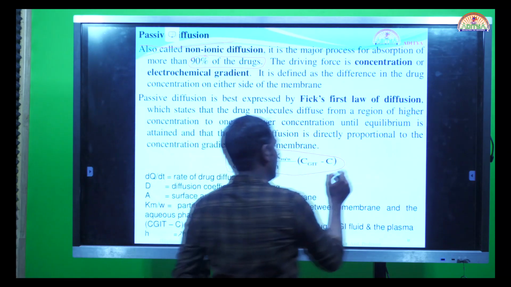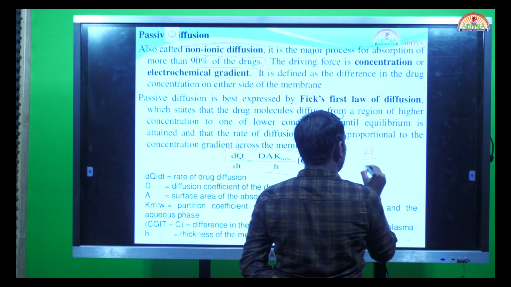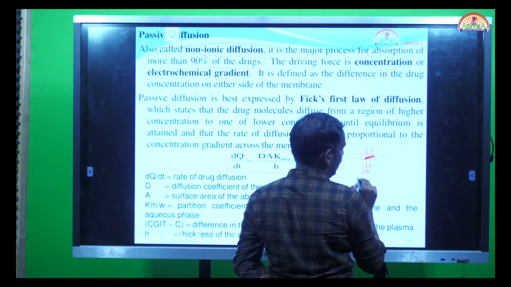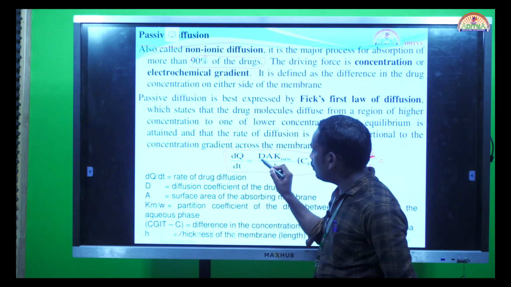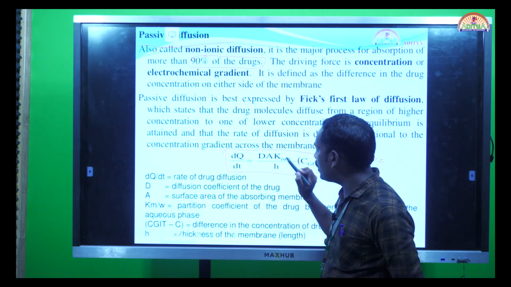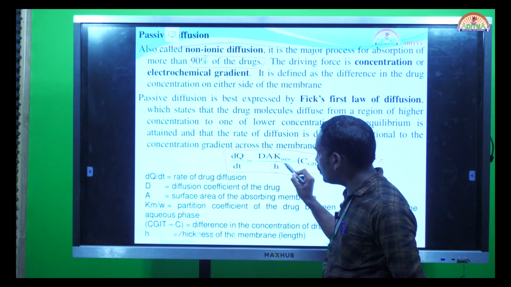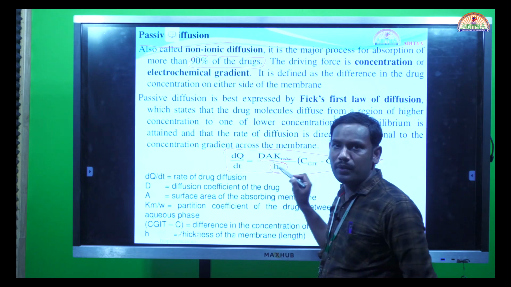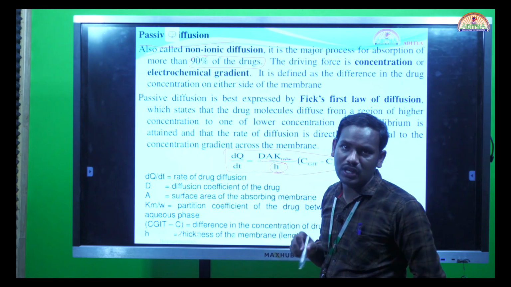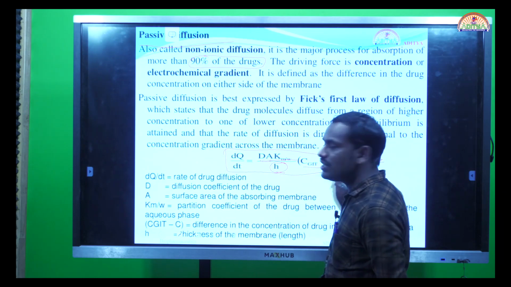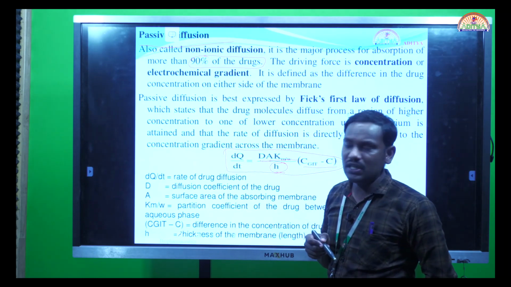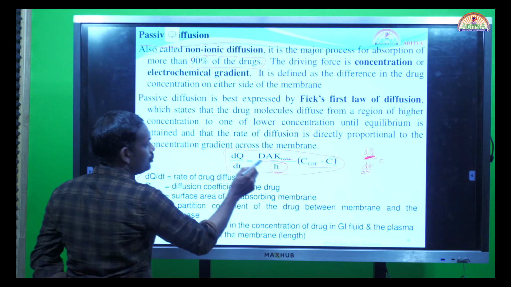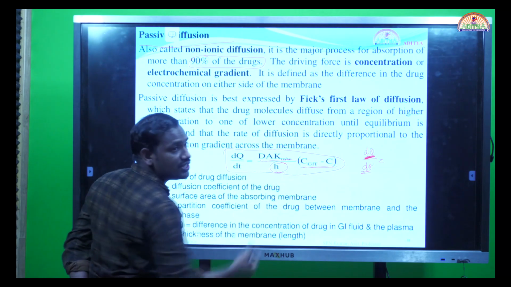The amount of drug passing across the membrane, dq, per given interval of time, is directly proportional to the diffusion coefficient, area, and partition coefficient, and inversely proportional to the thickness of the membrane. Whenever we have an equation, something in the numerator is directly proportional, something in the denominator is inversely proportional. It is also directly proportional to the concentration difference between the GIT and the systemic circulation. All the terms in this equation are explained here: diffusion, area, partition coefficient, thickness, and the concentration difference.